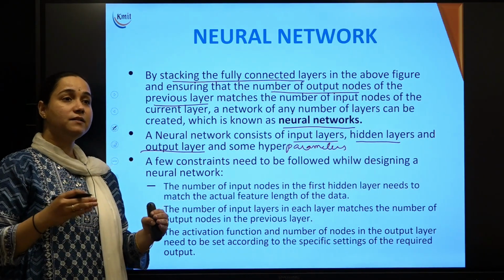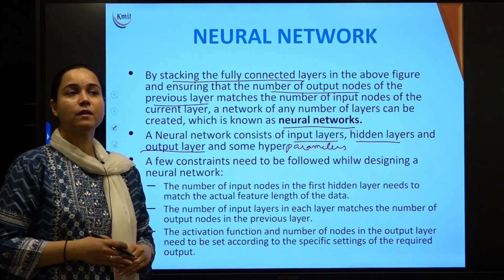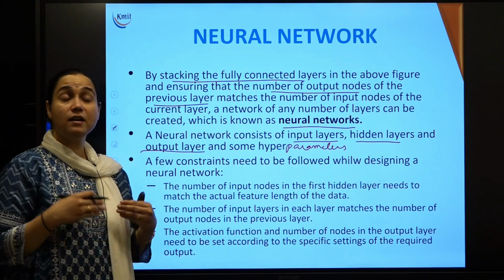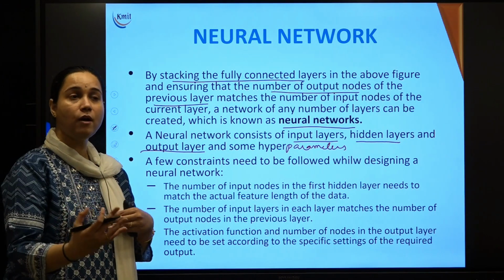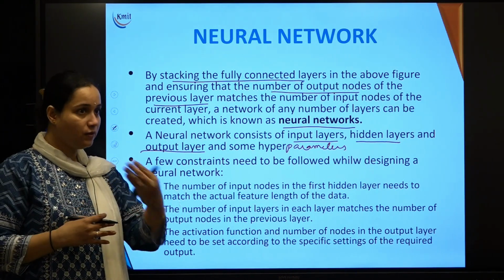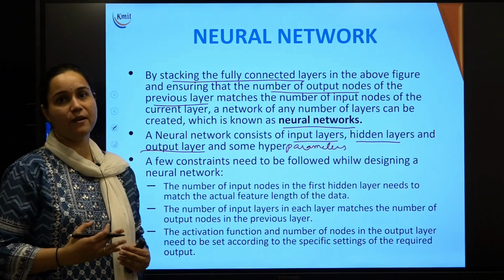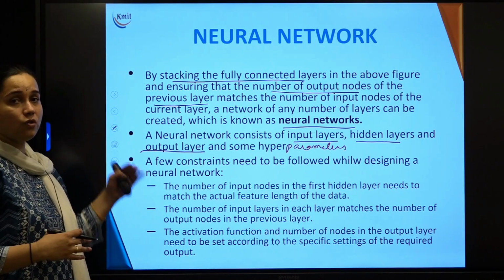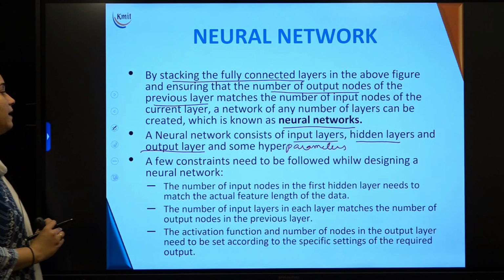But there are certain things which indirectly affect your model also, like the learning rate you use for optimization, which can slow down or improve the speed of your model. All these are hyperparameters, which indirectly affect your neural network. So a neural network consists of input layers, hidden layers, output layers and also some hyperparameters.